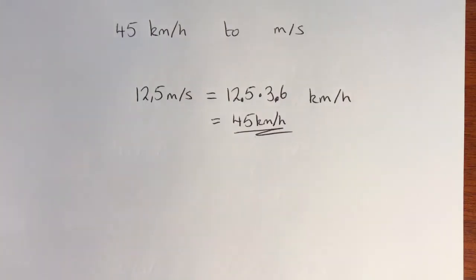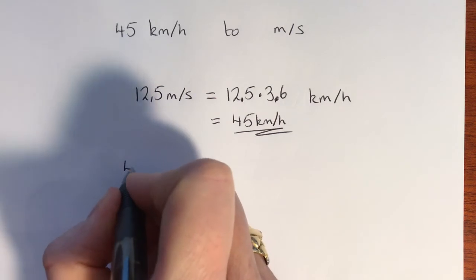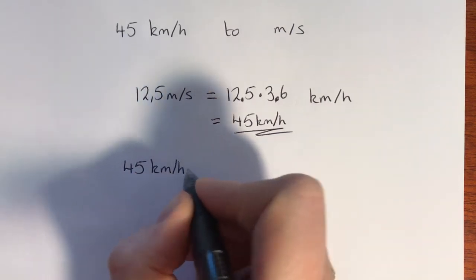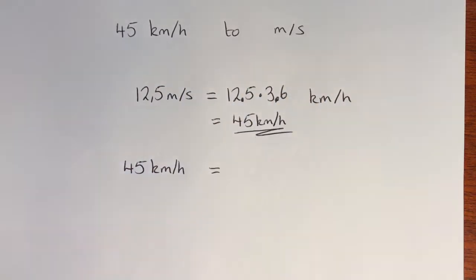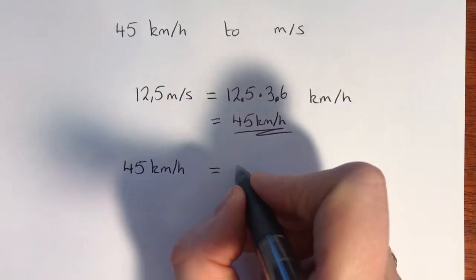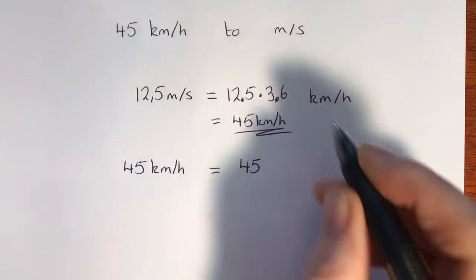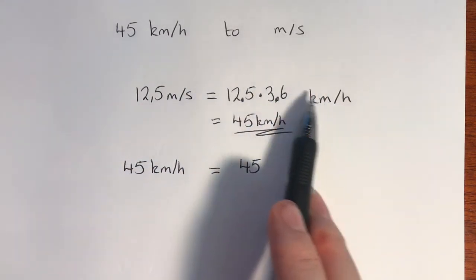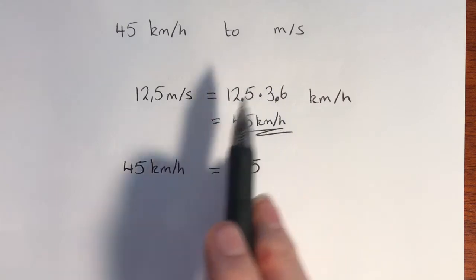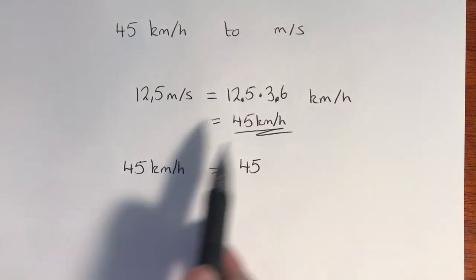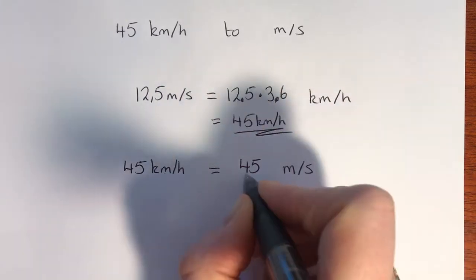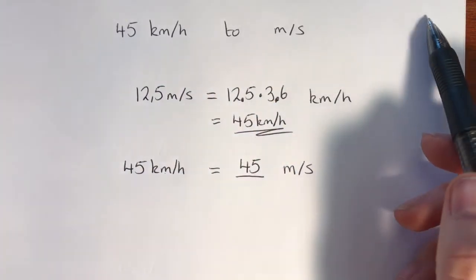Well then, what should 45 kilometers per hour be? 45 kilometers per hour, and we wonder how much that should be in meters per second. If we know the conversion rate, to go from meters per second to kilometers per hour, we had to multiply. So if we're going to go from kilometers per hour to meters per second, we must divide by the conversion factor.